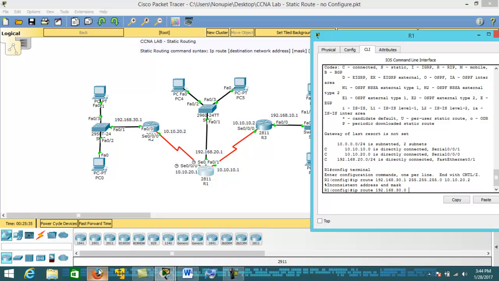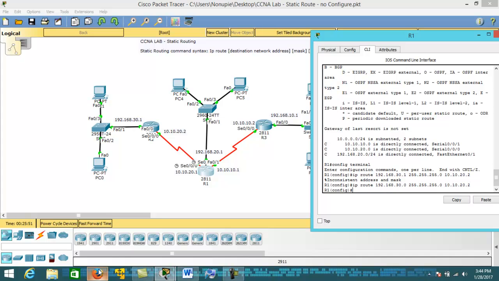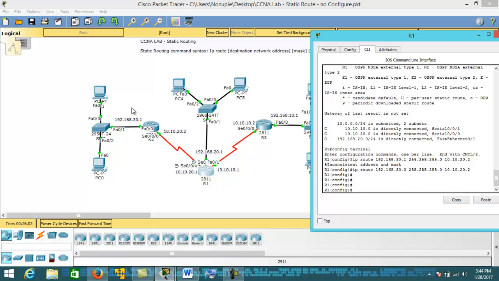So 192.168.30.0 and then 255.255.255.0 as the subnet mask, and the next hop address 10.10.20.2. Okay, so it's taking this. I had made a mistake: I had mentioned the particular IP address of the router's interface, not the network, so it was not taking the command. So hit enter. Okay, we are done with this network.